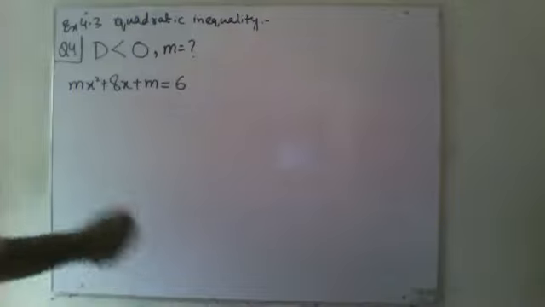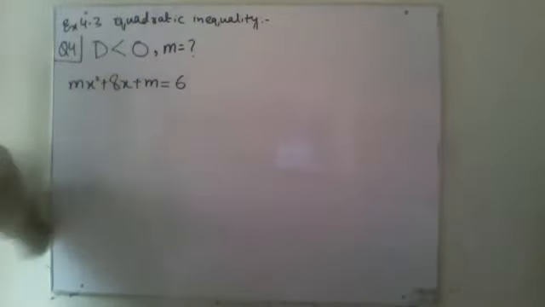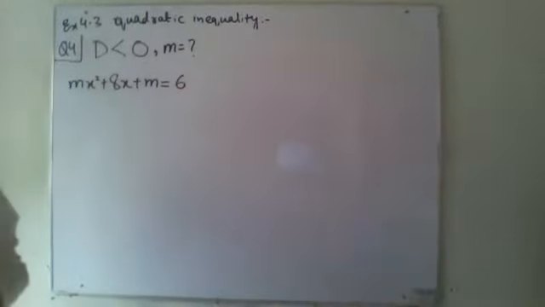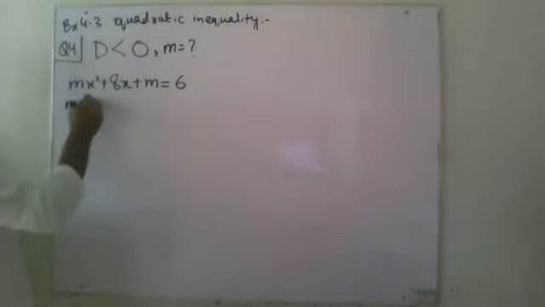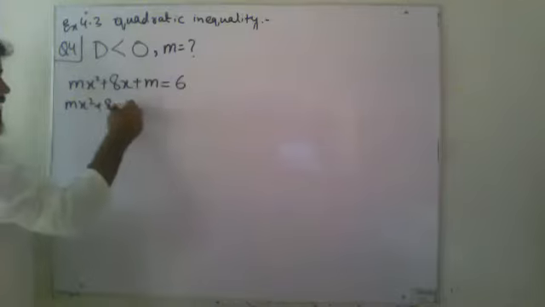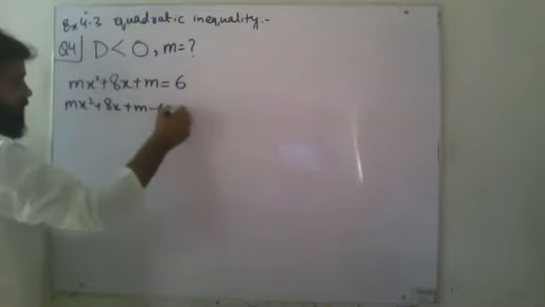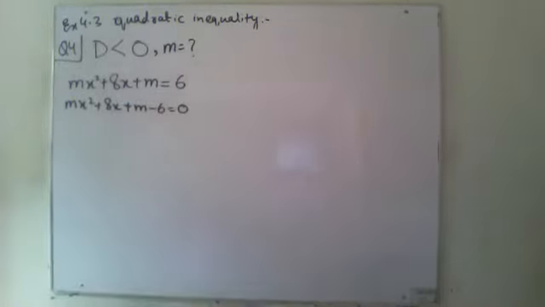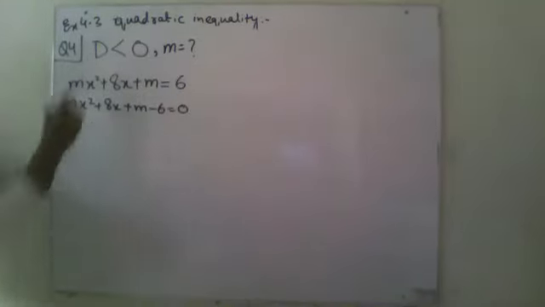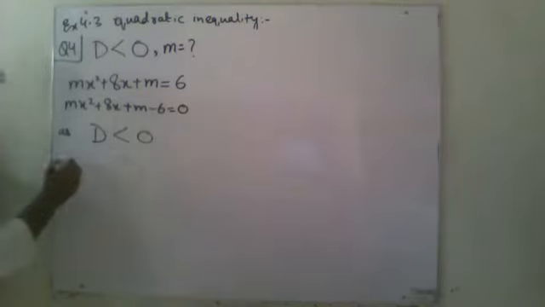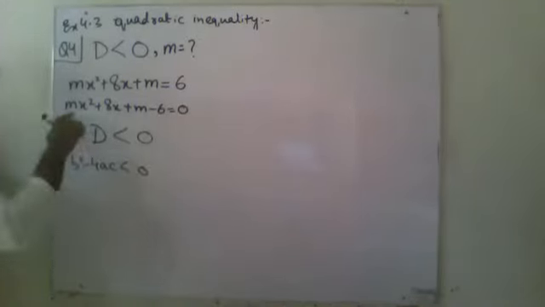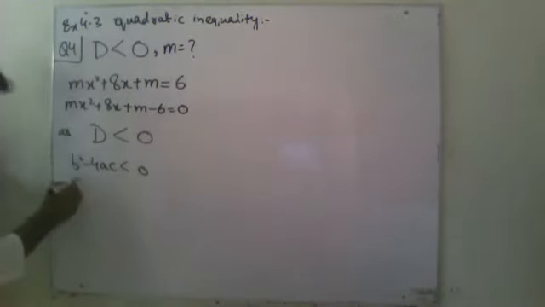So how will I start? They are saying discriminant should be lesser than 0. So first thing, mx square plus 8x plus m minus 6 equals to 0. Right? Now, as discriminant is lesser than 0, which means b square minus 4ac is lesser than 0. B square means 8 square minus 4.